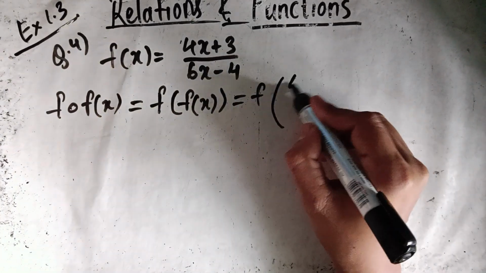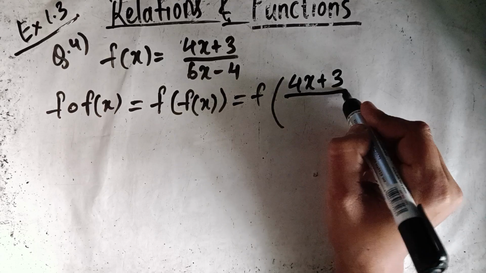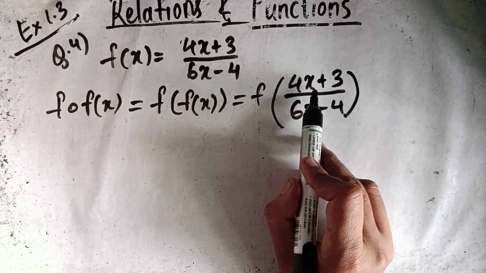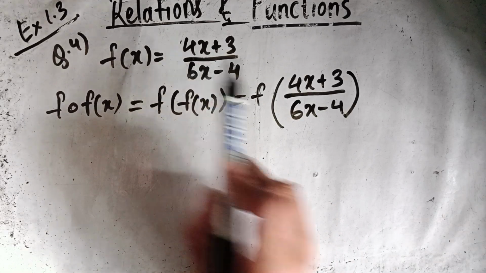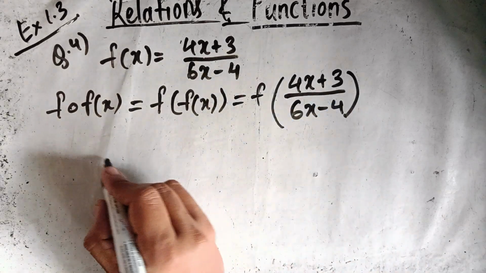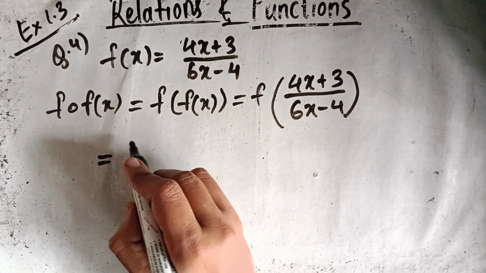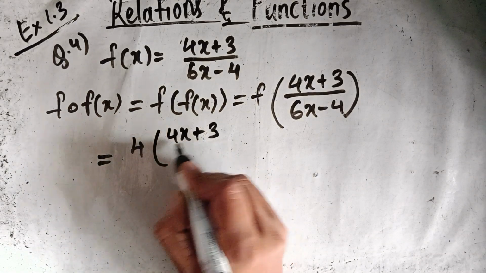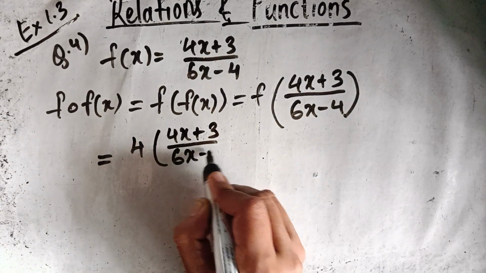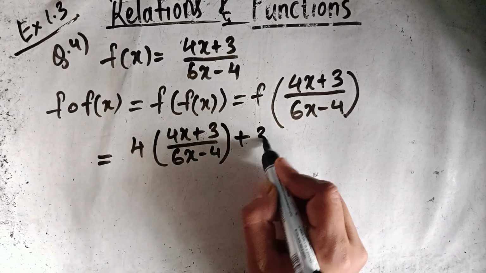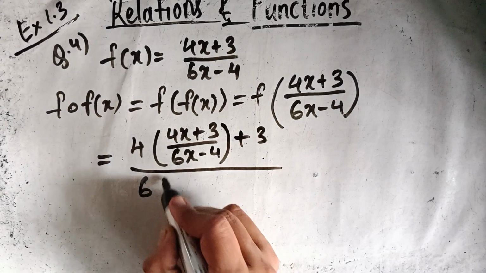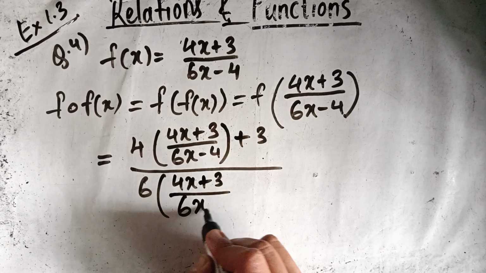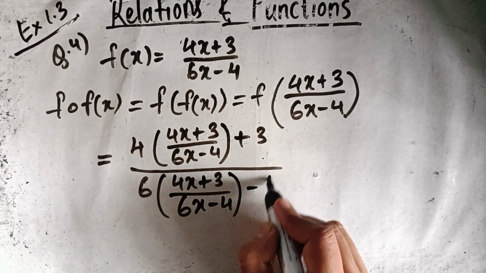So you have to put this whole thing here, and then in place of x here, you have to put this. So this is 4x plus 3 upon 6x minus 4, plus 3, upon 6 into (4x plus 3 upon 6x minus 4), minus 4.